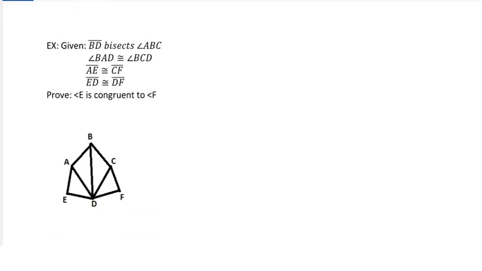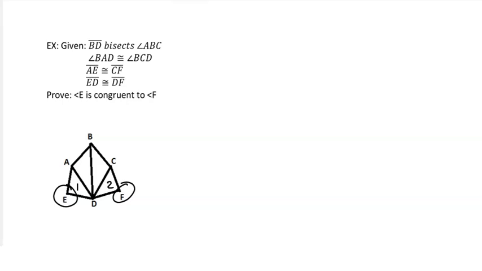This one would be a pretty easy proof. Let's just look at this last one, which is kind of funky. All right, in the end, I want to show that E is congruent to F. So it looks like in the end, I want to show that that triangle is congruent to that triangle, right?